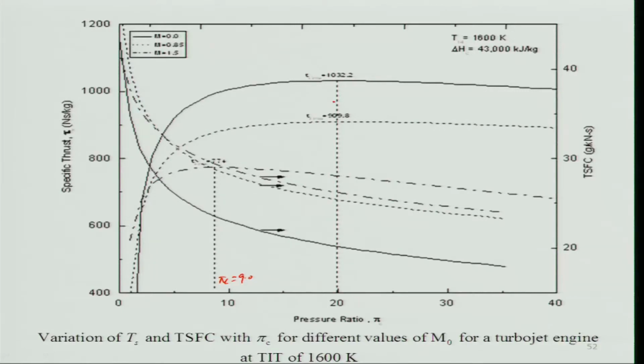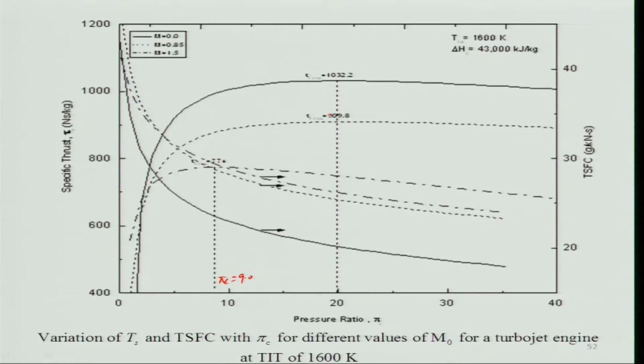Whereas if you go for a long range passenger aircraft, you need to go for 20 kind of values, right? But at the same time, you will have to look at what specific thrust you need, because static thrust is also important. So you will have to play around and see what you really need and what the level flight is.